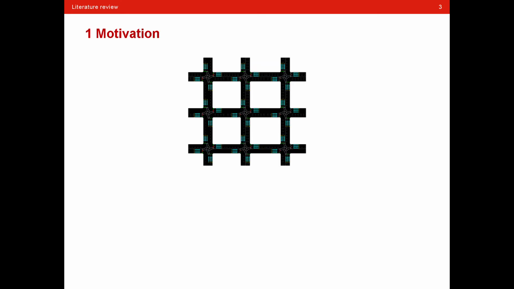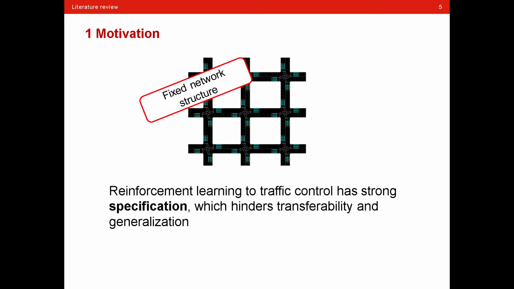Now, given a traditional intersection, traditional reinforcement learning control may be limited because they only consider a fixed network structure. In this case, reinforcement learning for traffic control has strong specification, which means it will struggle with transferability and generalization.